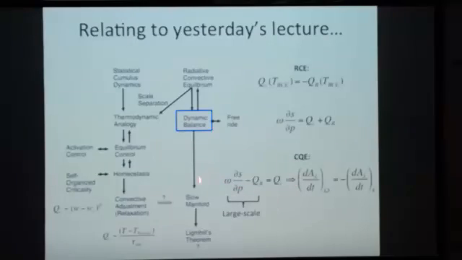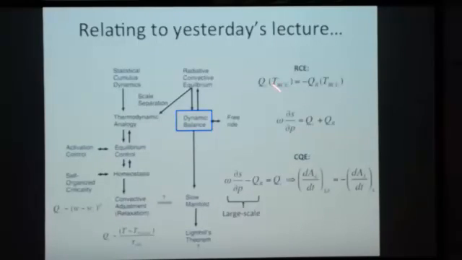You could think about mapping the left-hand side here to the large scale term over here and the convective heating to the convective scale term over there. So maybe that way of interpreting things as a dynamic balance is consistent with convective quasi-equilibrium, at least if you add this additional piece, which is due to the large scale motion.